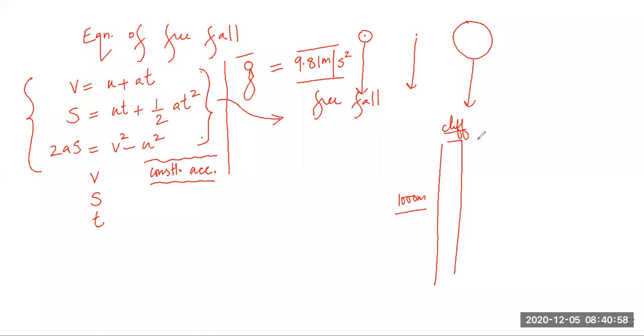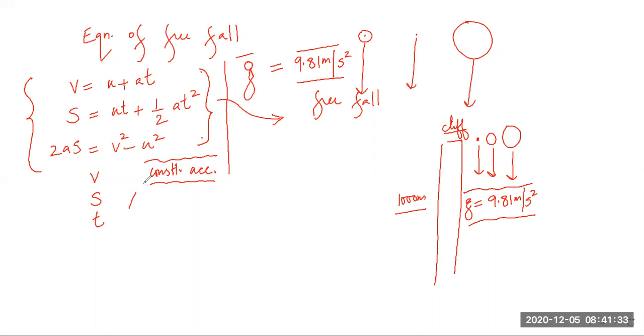If from this we drop one small ball or a bigger ball, all the balls will fall down with how much acceleration? 9.81 meter per second square. This acceleration is known as acceleration due to, come on, gravity. Correct, acceleration due to gravity. And you see that this value of acceleration is constant, and these three equations are also valid for constant acceleration.